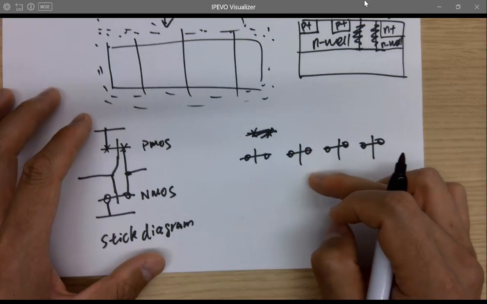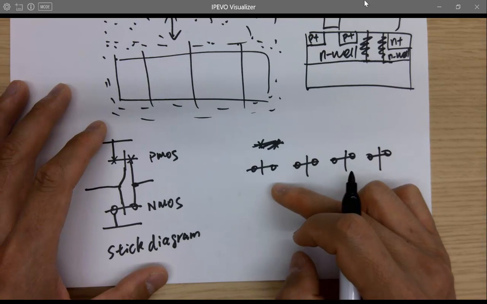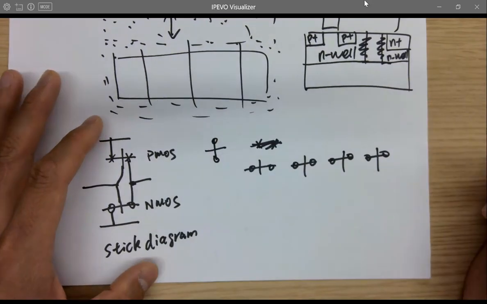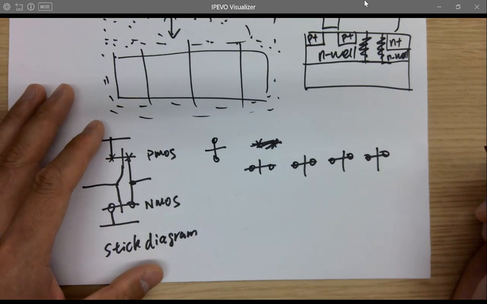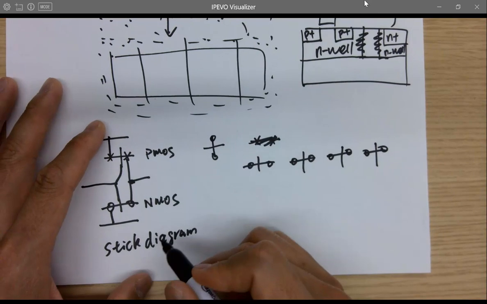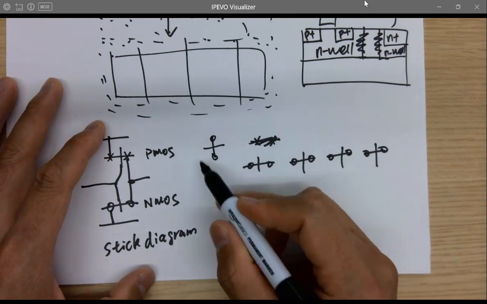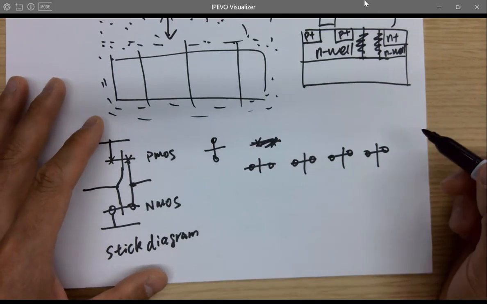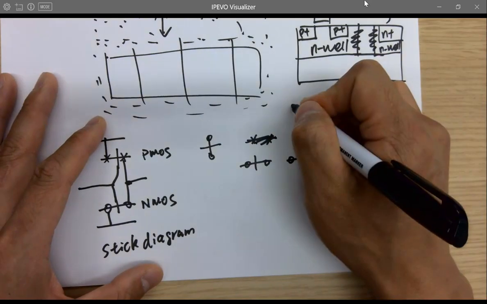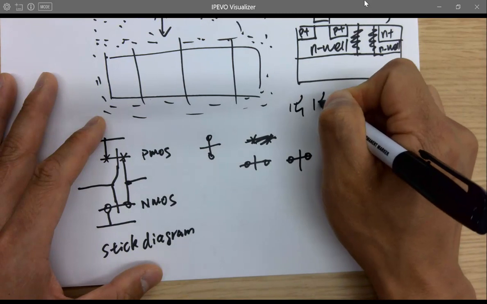I want to bring Ian's question back here. So why don't we draw it this way? When we simplify the layout by using a stick diagram, why don't we draw it this way? So here's the schematic, okay?